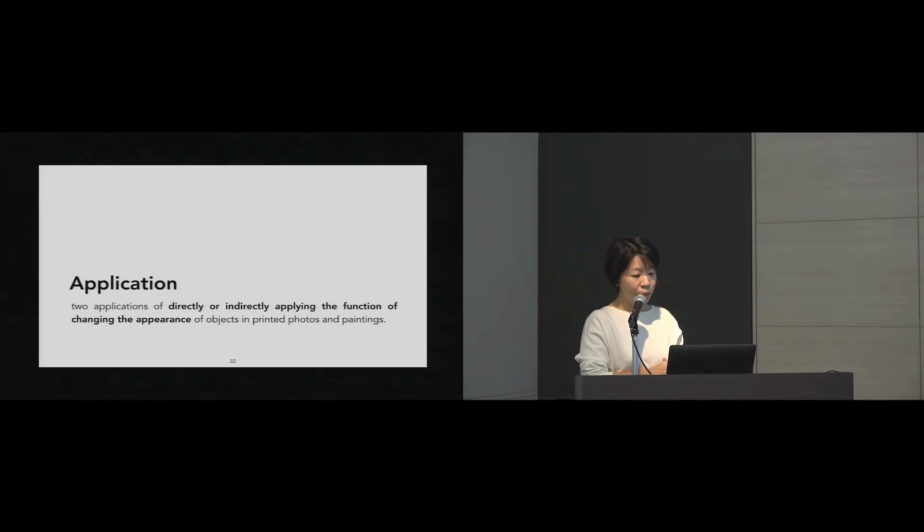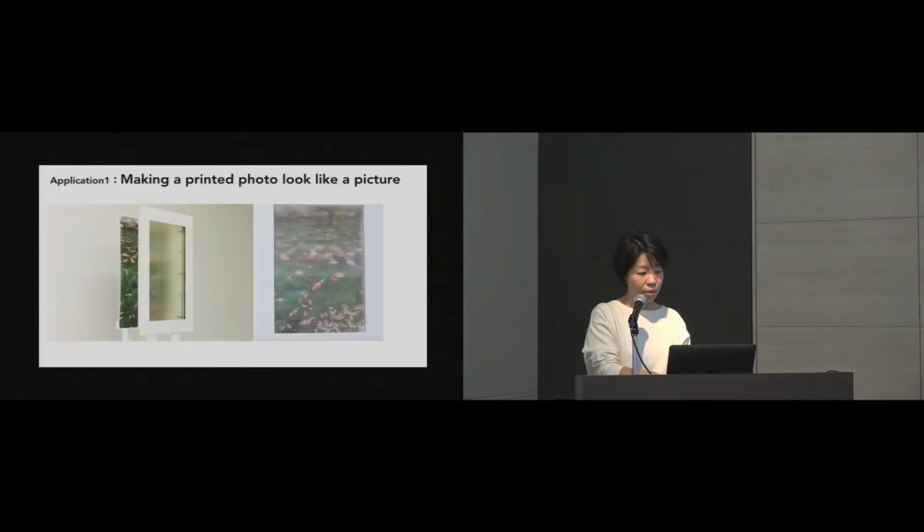We devised two applications for directly or indirectly applying the function of changing the appearance of objects in printed photos and paintings. As an application of directly applying the function of changing the appearance, we implemented an effect in which a printed photo is made to look like an oil painting or a pointillism image.